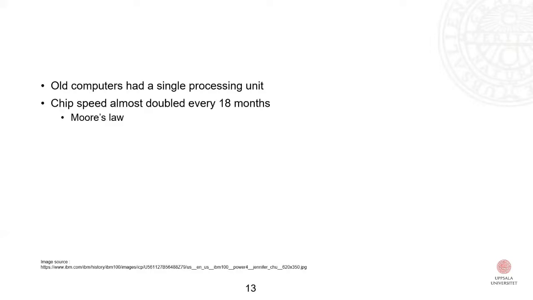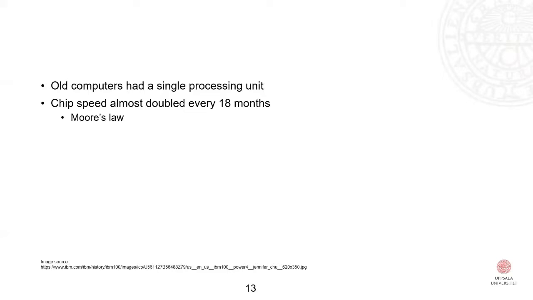And the chip speed, we saw that based on Moore's law, doubled every 18 months. So it had an exponential growth, meaning that the transistors became smaller, so they sat closer to each other on the chips, so the data would then need to travel shorter paths, so the computers became faster.